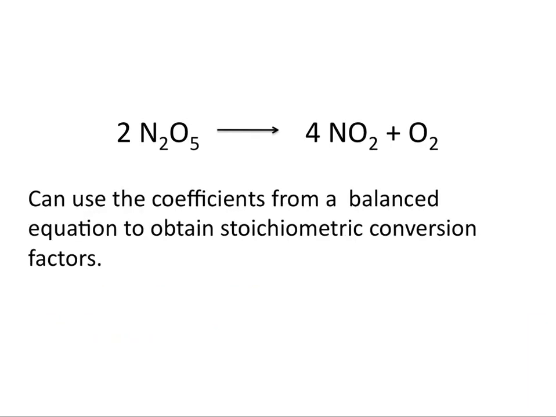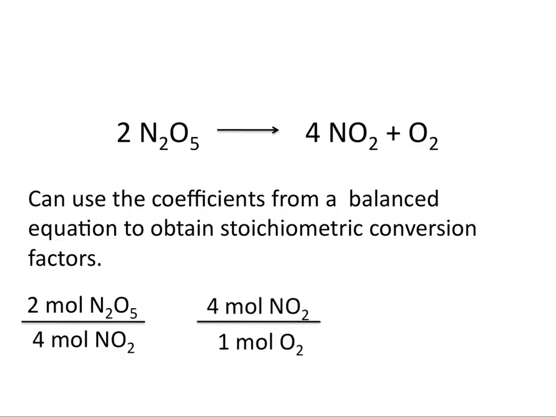And we use the coefficients in a balanced equation to convert from one reactant or product to another using stoichiometric conversion factors. For example, this tells us that for every 2 moles of N2O5 decomposed, 4 moles of NO2 are produced.